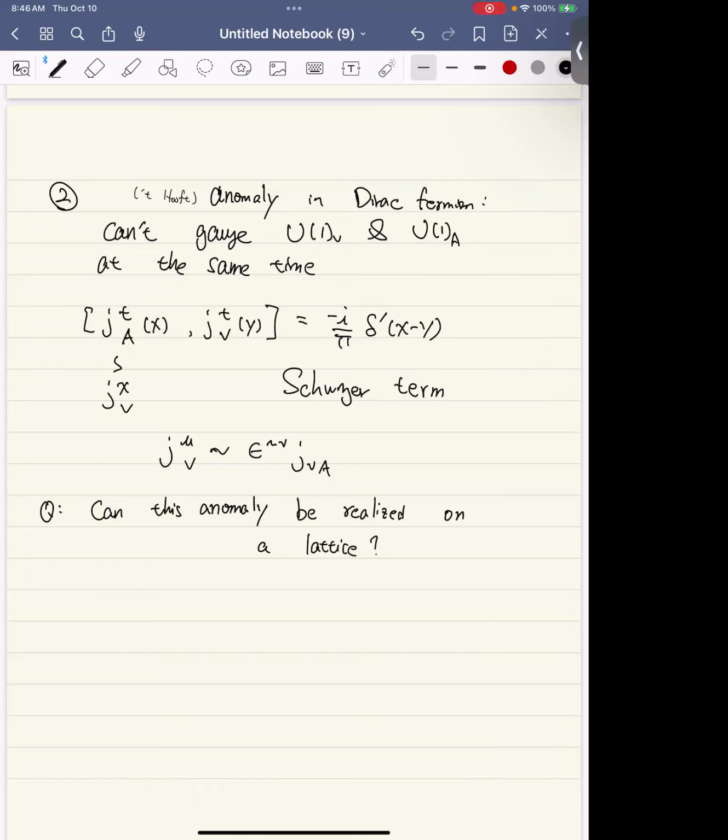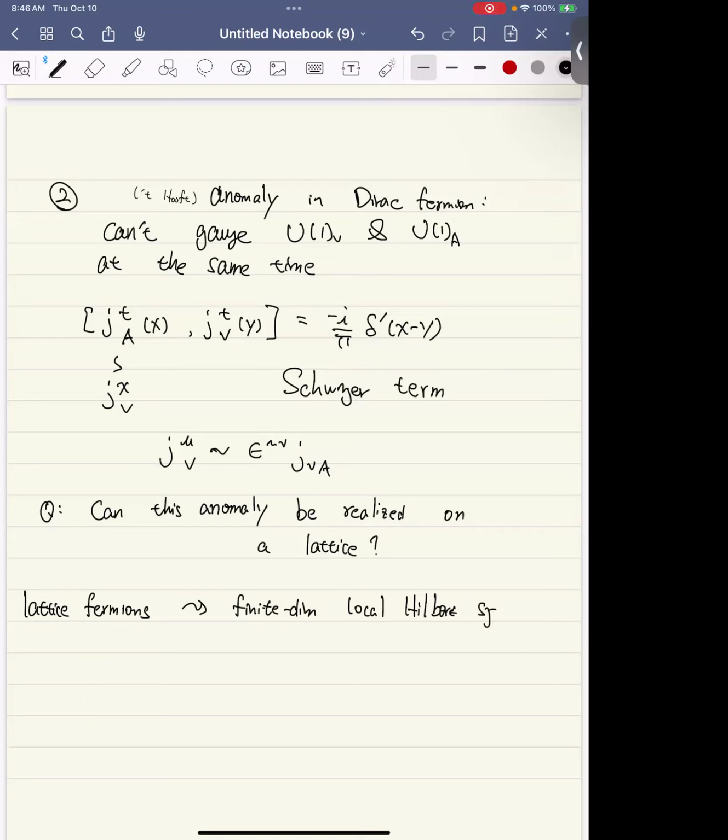Now, given that we are talking about fermions, typically lattice fermions give you a finite dimensional local Hilbert space.